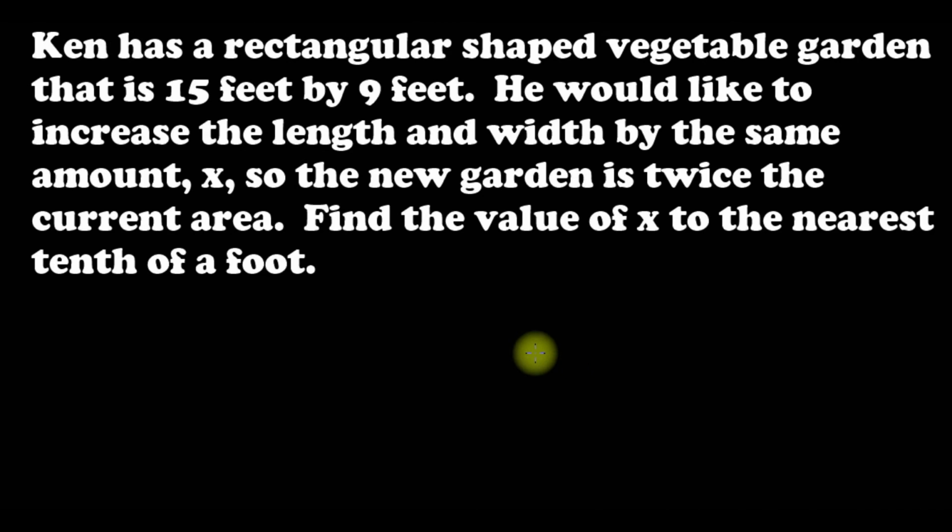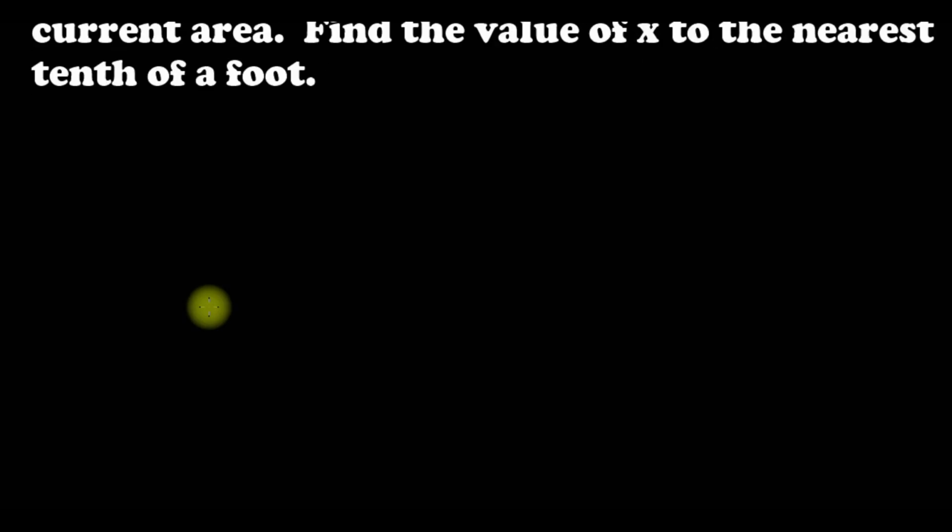Okay, so let's take a look at another one. Ken has a rectangular shaped vegetable garden that is 15 feet by 9 feet. He would like to increase the length and width by the same amount, x, so the new garden is twice the current area. Find the value of x to the nearest tenth of a foot. Okay, so first thing I'm going to do here is draw a rectangle.